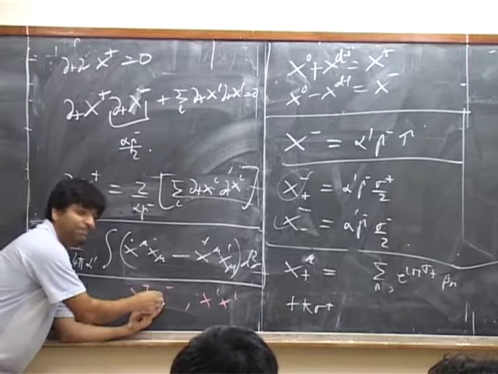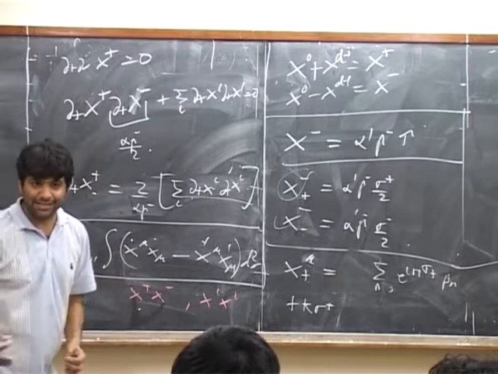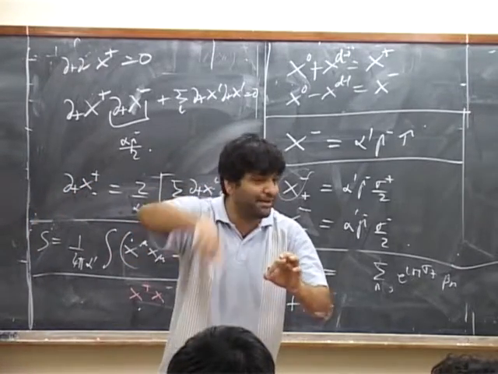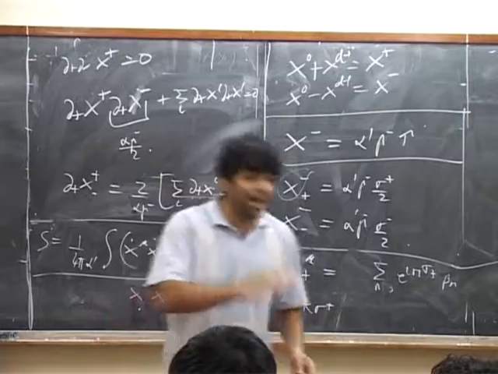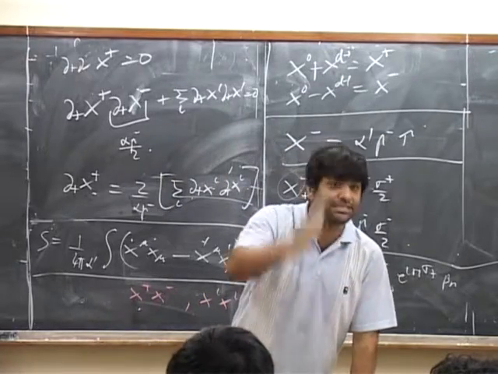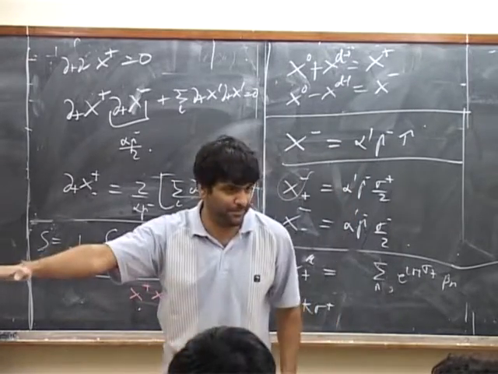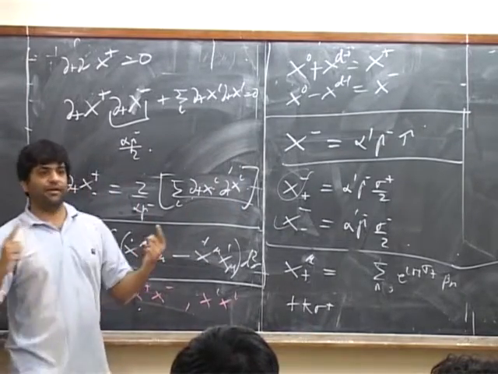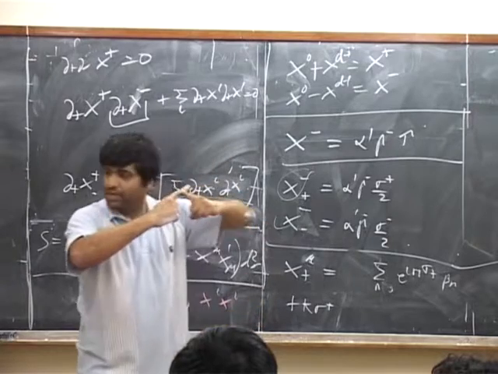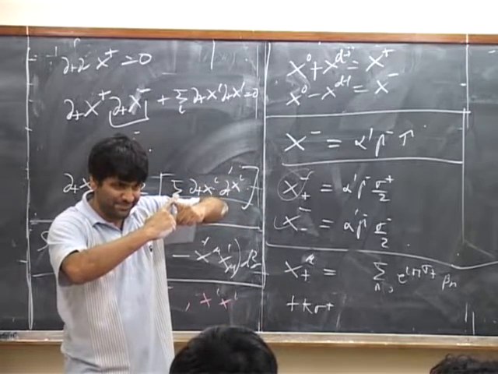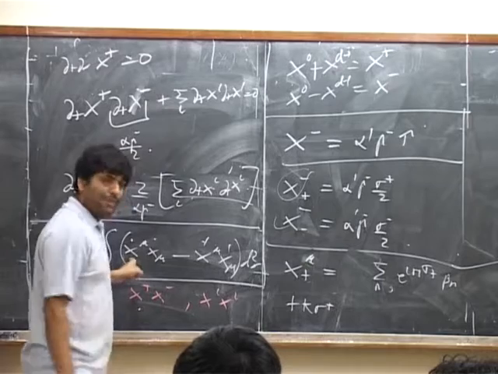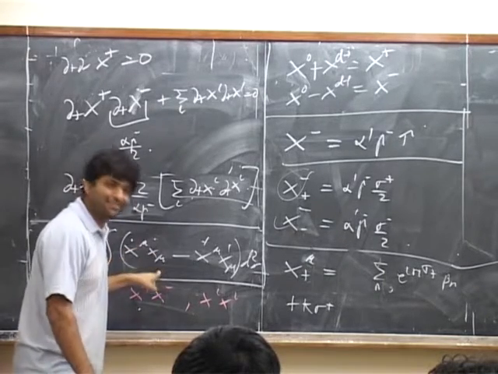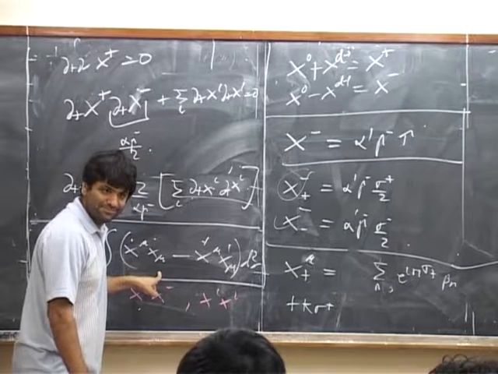Suppose you took x plus and Fourier expanded it in modes of the circle, and x minus Fourier expanded in modes of the circle. We set all the non-zero Fourier modes of x minus to zero. But in this integral, the only way you can get something non-zero is if a Fourier mode with momentum k couples to the Fourier mode with momentum minus k. So the action that remains is an action only for the zero modes of x plus and x minus.